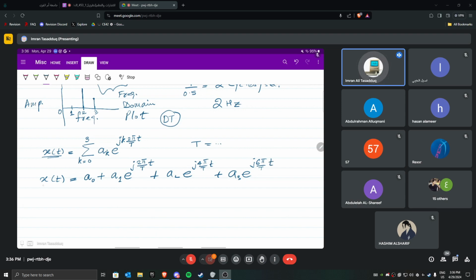So that means my signal consists of four components. One is this, second is this, third is this, and fourth is this.